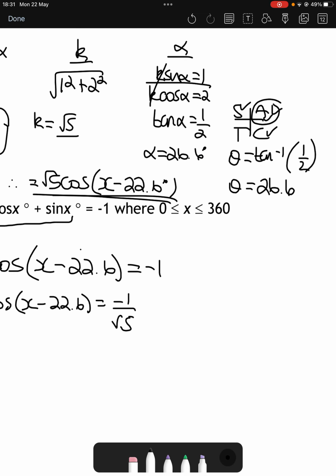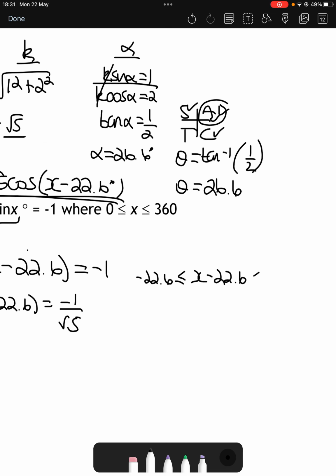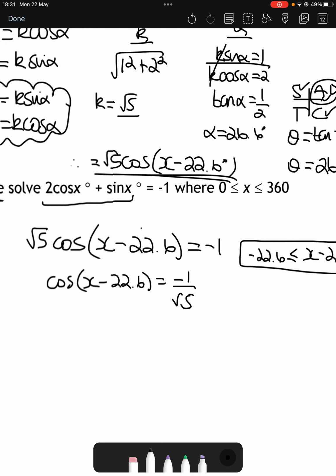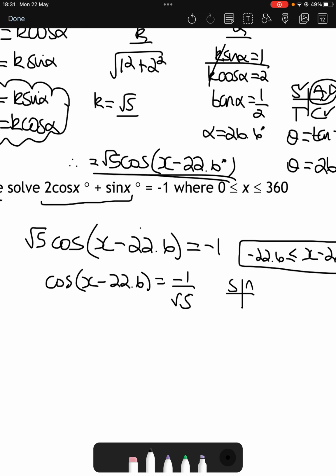Okay, then what I'm going to do is I'm going to change my boundary because we've actually got x minus 26.6. So negative 26.6 and, don't rely on my maths, is going to say 333.4. Okay, so this is what we're going to be looking at. Right, turn out your steps.